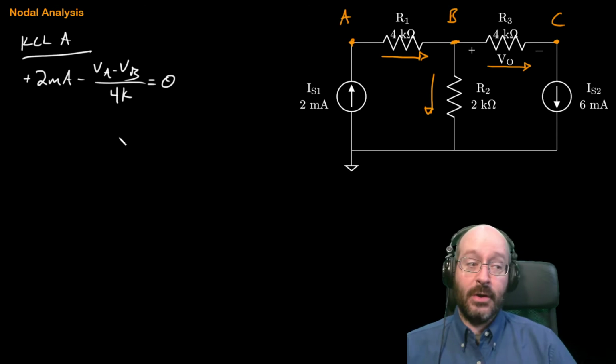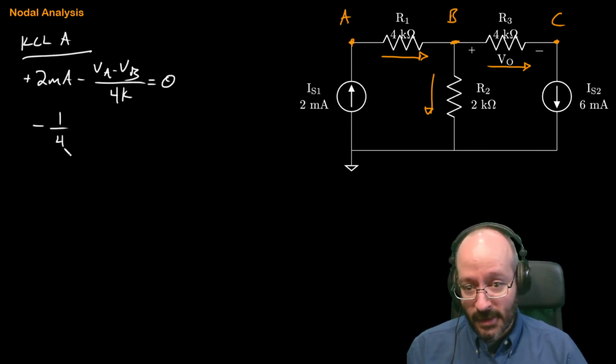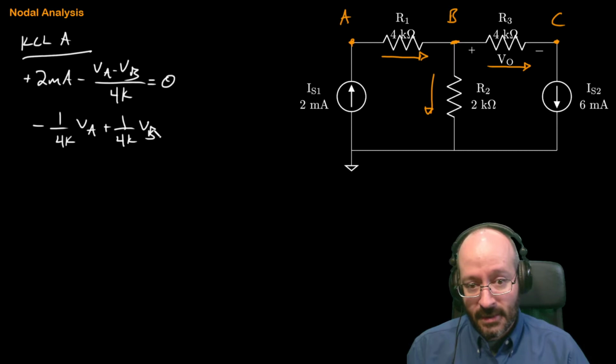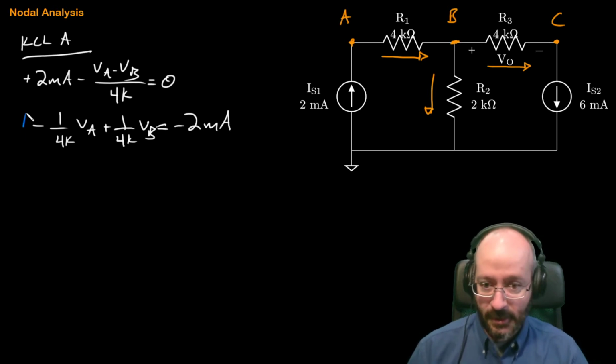Okay, let's rearrange that right now and say negative 1 over 4K VA plus 1 over 4K VB is equal to, and we got to move that 2 mils over, and that one's good to go. A little quicker, right?